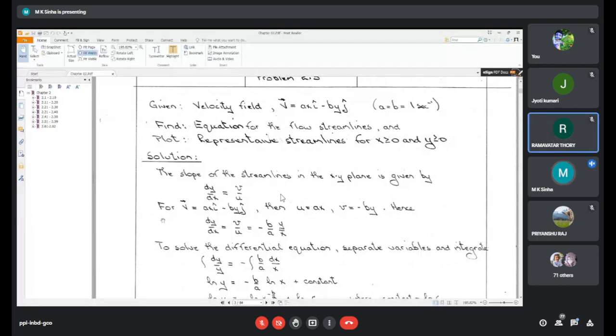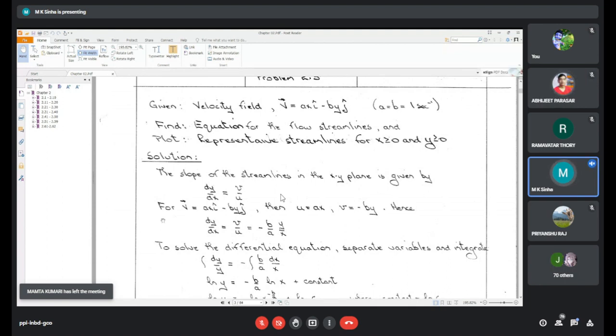Yes, sir. See, our question is this. Let us suppose the velocity vector V equals a x i minus b y j, and a and b are 1. In the previous one it was 2; here let us suppose it is 1. Find the equation for the flow streamline and plot it.